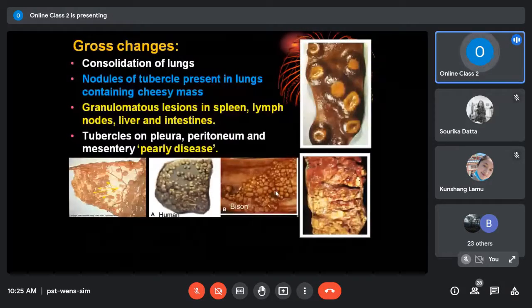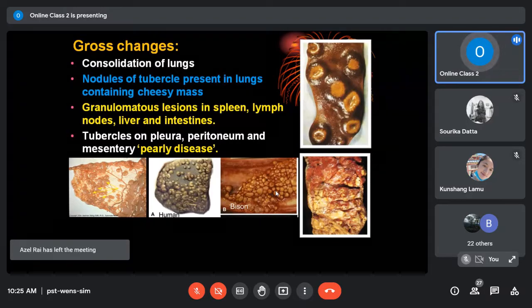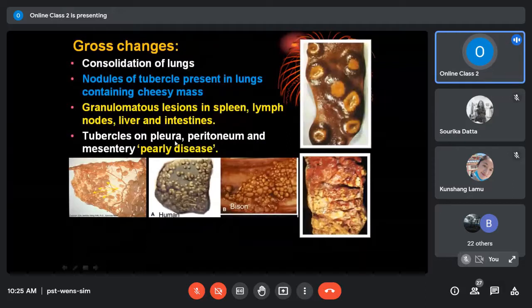Then the gross changes, when different organs and systems are affected. In the lungs, for example, there is consolidation with formation of many nodular lesions, what we call tubercles.